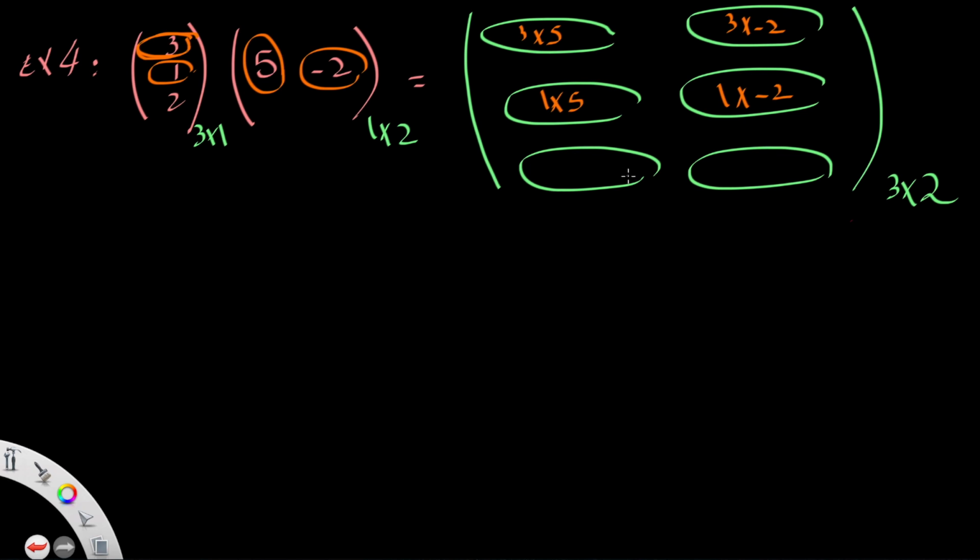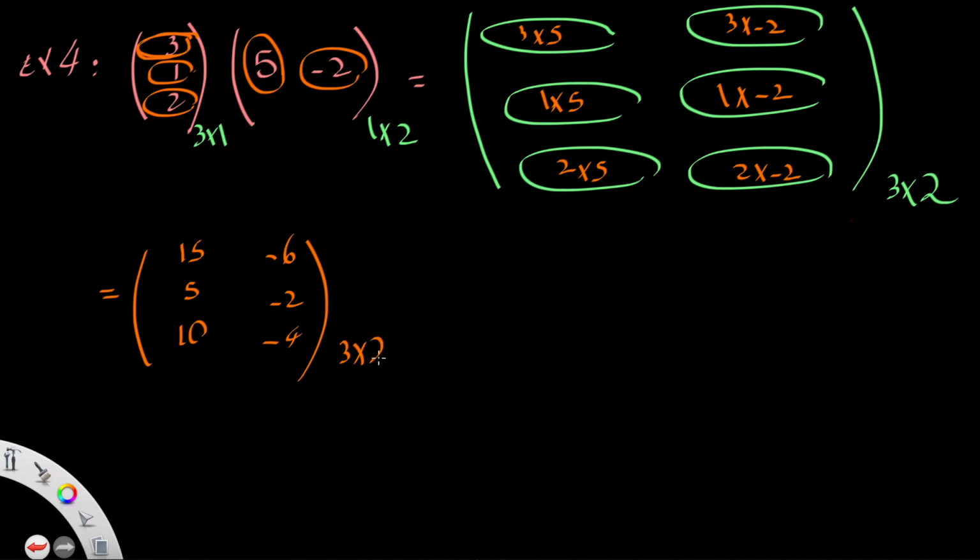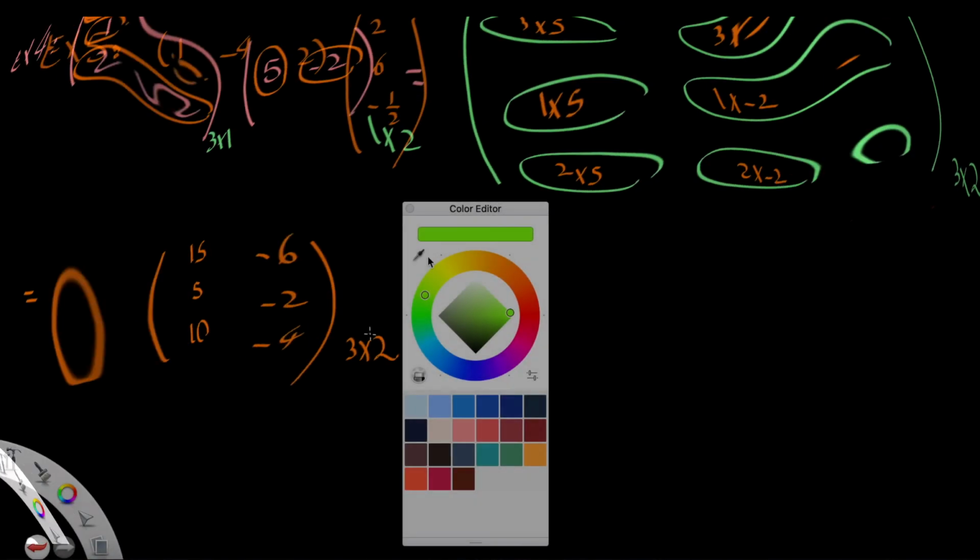It is third row, first column: 2 times 5. Third row, second column: 2 times negative 2, giving you an answer of 15, 5, 10, negative 6, negative 2, negative 4 as a 3 by 2 matrix.